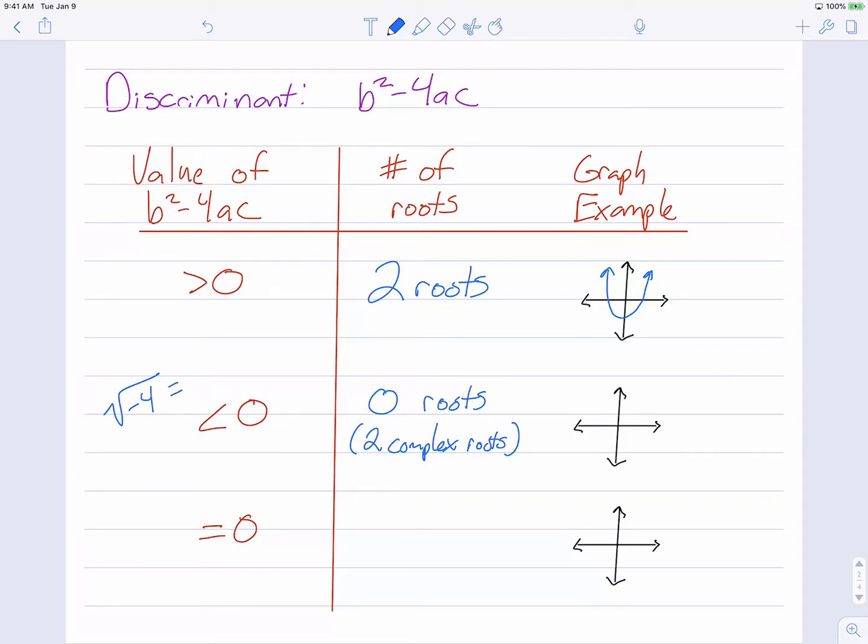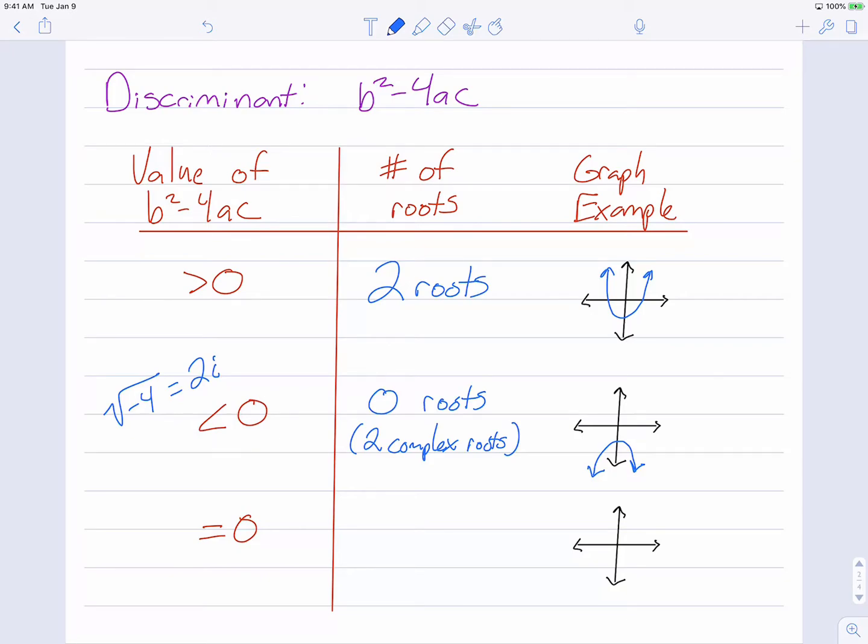Just a little preview, we'll be getting into that later: the square root of -1 we call i. It's an imaginary number. We do imaginary stuff in math. So typically we say that there's no roots because you can't take the square root of a negative. We will get into the complex or imaginary roots later. Those are the ones that don't cross the x-axis, so they might be above or they might be below.